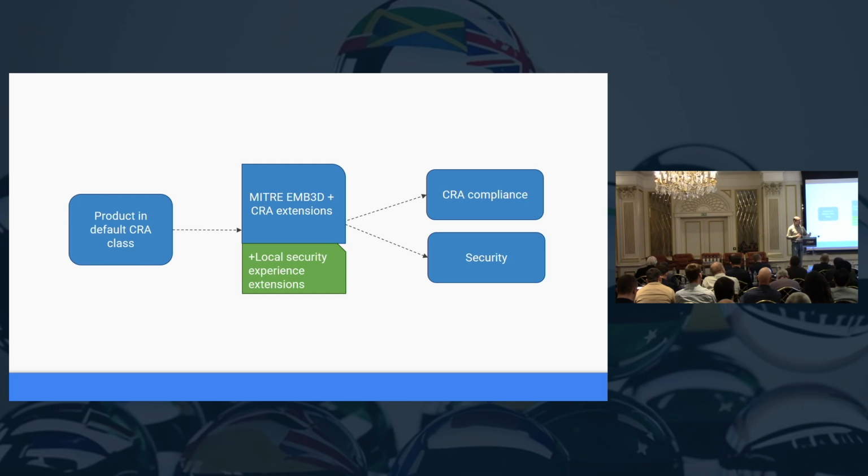You get a tailored checklist that depends on the properties of your application. So by selecting your properties and getting your local experience into MitraEmbed, you can reach compliance and security.